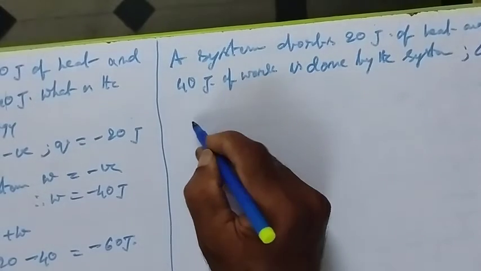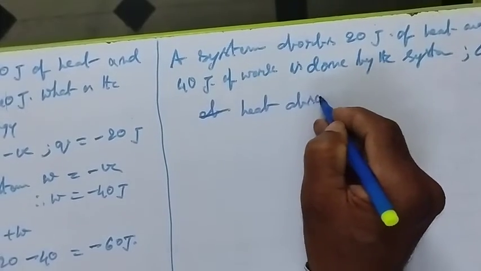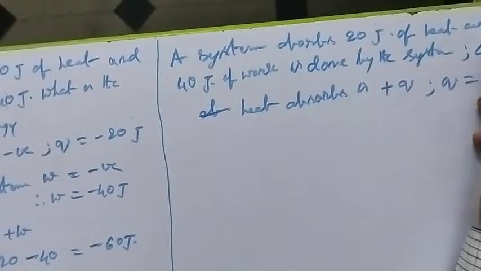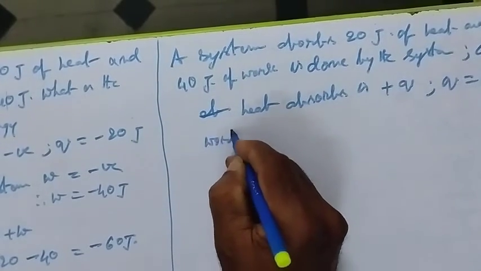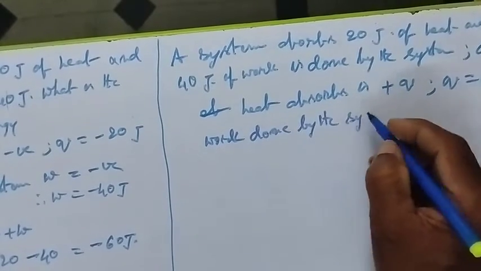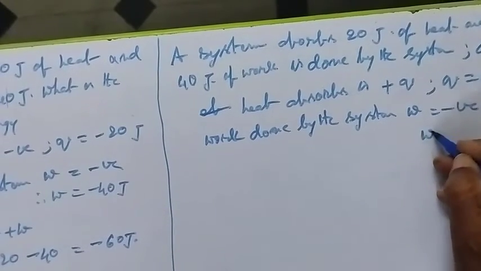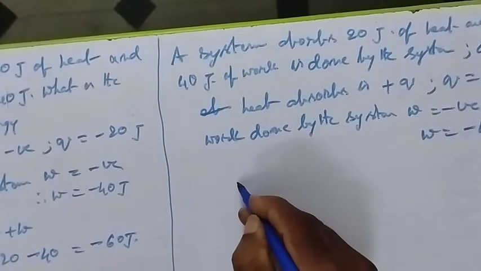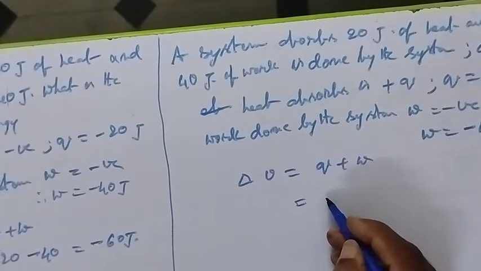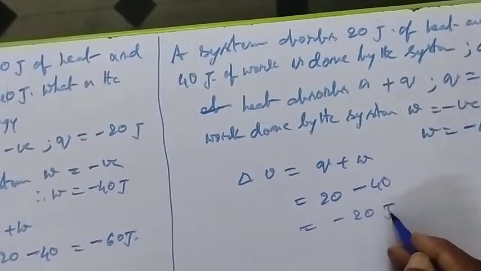Here the system absorbs heat, heat absorbed is plus Q, therefore Q equal to plus 20. Work done by the system means W is negative, so W equal to minus 40, therefore delta U equal to Q plus W, Q is 20, W is minus 40, this equals minus 20 joule.